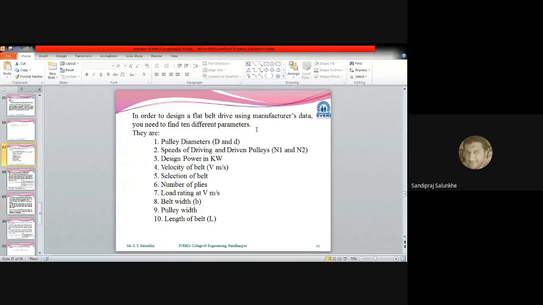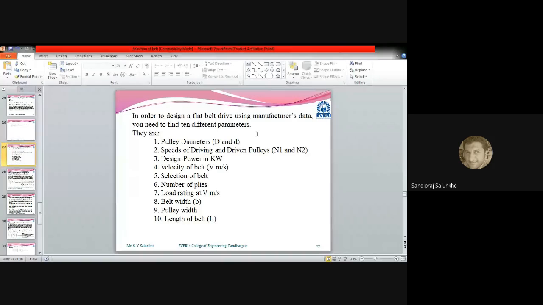In order to design a flat belt drive using manufacturer's data, basically we have to go through some process, and again we are solving that problem step by step. And what are the processes by means of which we can go for the designing of flat belt drive?